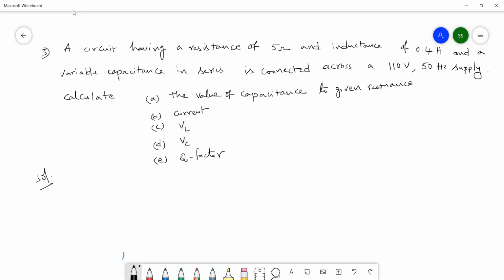So at resonance, what is the formula for F0? 1 by 2 pi root LC. Right? Here the L value they gave, right? And F0 value, are they given the F0 value?